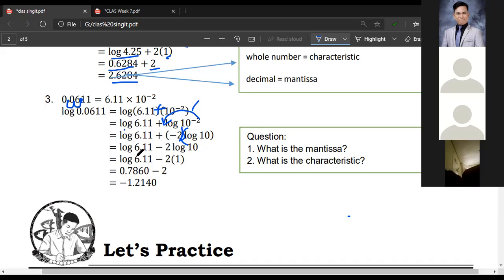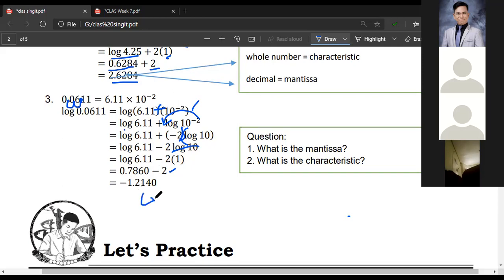So, logarithm of 6.11 minus 2 log 10. So, cancel natin si log of 10, magiging 1. So, log 6.11 minus 2. So, ilan yung value ng 6.11? Magiging 0.7860.